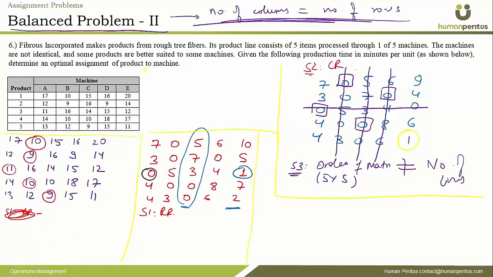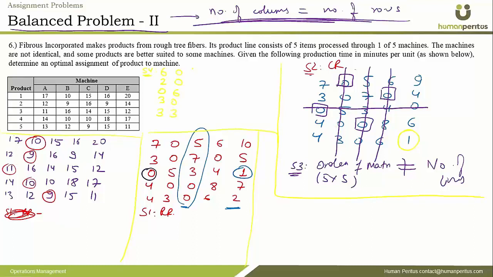So step 4. Let me subtract this term from all the unassigned terms, which are 6, 2. 0 will remain unchanged. 3, 3. 0 will remain unchanged. 0. Now 5 is at a crossing, so we will add 1 to 5: 6. Again, we will not change 0 and 3.